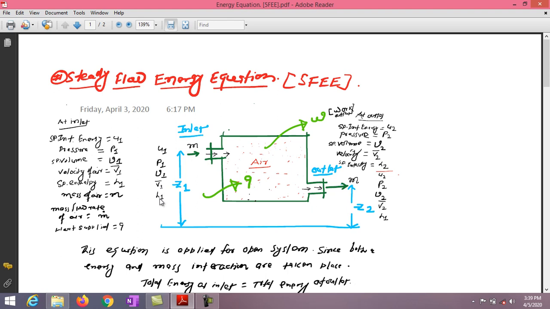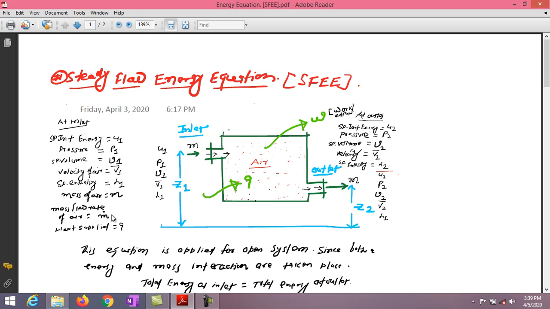This h1 is the specific enthalpy of air at inlet. So these are the properties of air at the inlet of the system. So U1 is the specific internal energy, P1 is the pressure, small v1 is the specific volume, V1 is the velocity of air, and h1 is the specific enthalpy of air at inlet of the system, right?